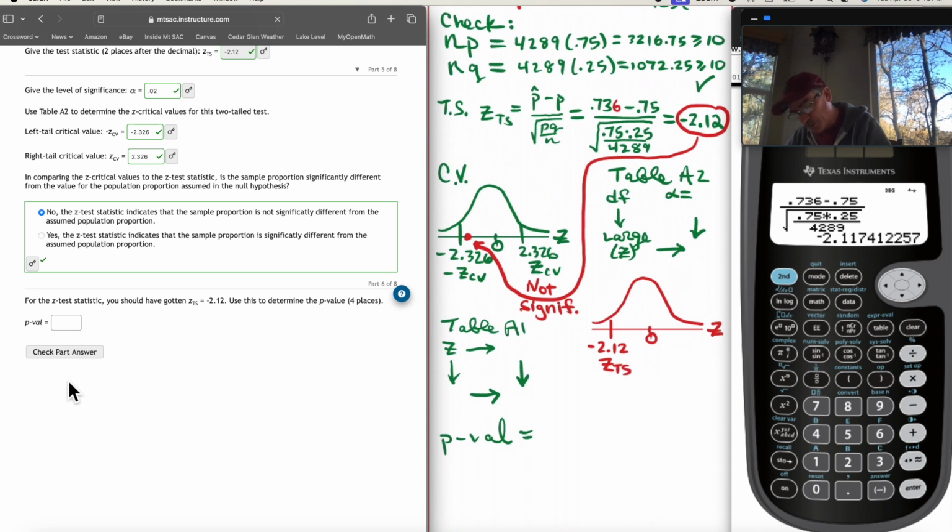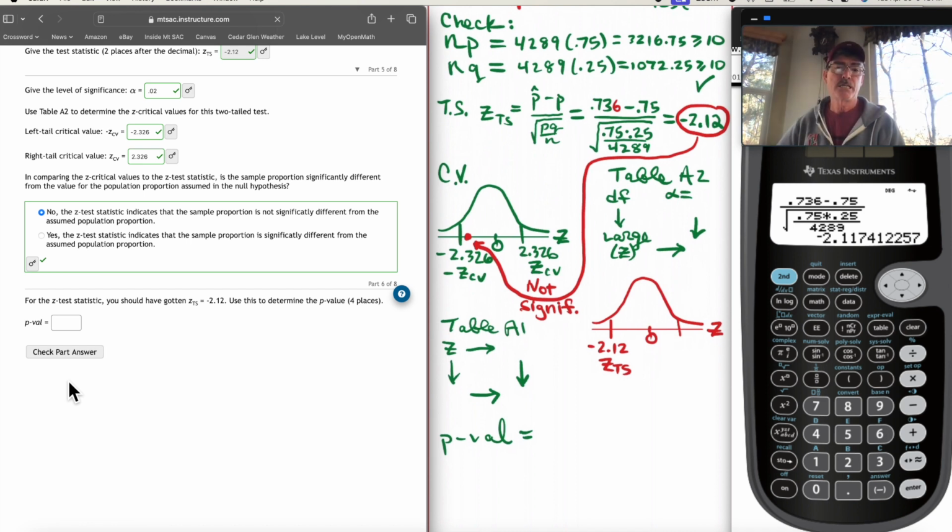Okay, remember there's also a positive 2.12 on the other side. This is a two-tailed test. And we're trying to find the probability of being at least as extreme. So the extremeness is 2.12, but in either direction on a two-tailed test. So you're really counting both tails. But bottom line is, if I look up that negative 2.12 on table A1, let me go ahead and mark this down.